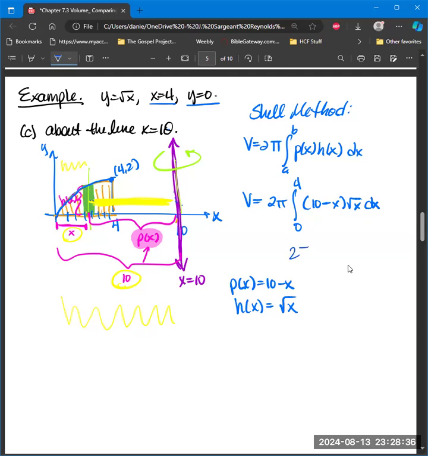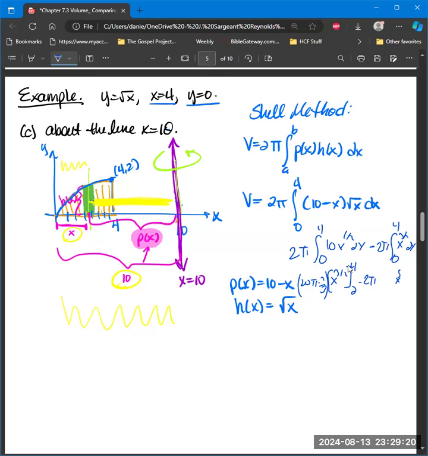So we have 2 pi from 0 to 4 of 10 x to the 1/2 dx minus 2 pi from 0 to 4 of x to the 3/2 dx. It's going to be 2 pi, let's just bring that 10 out, 20 pi, x to the 1/2 becomes x to the 3/2 times 2/3. And then this gets evaluated from 0 to 4 minus 2 pi.